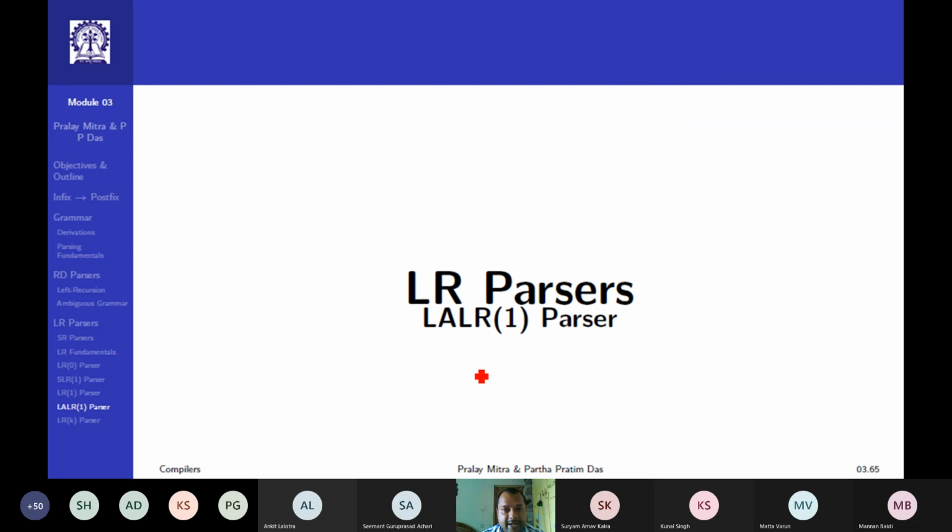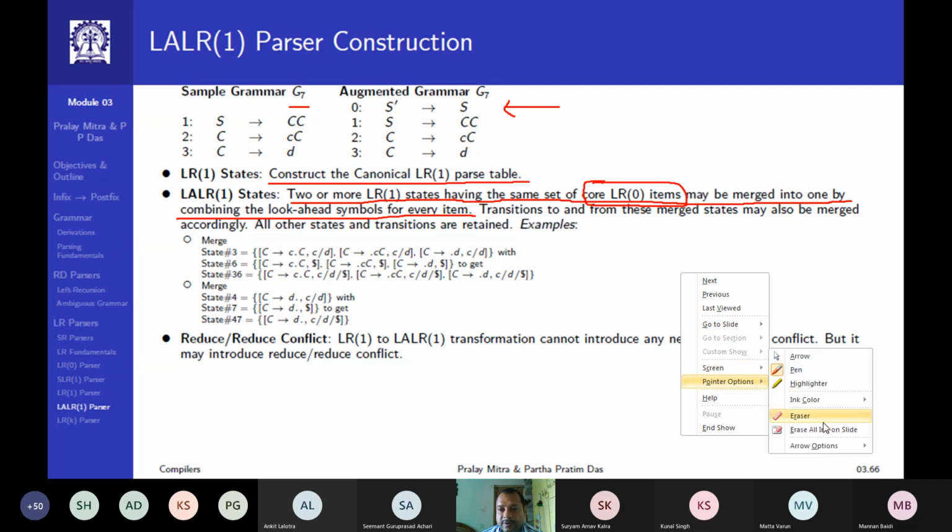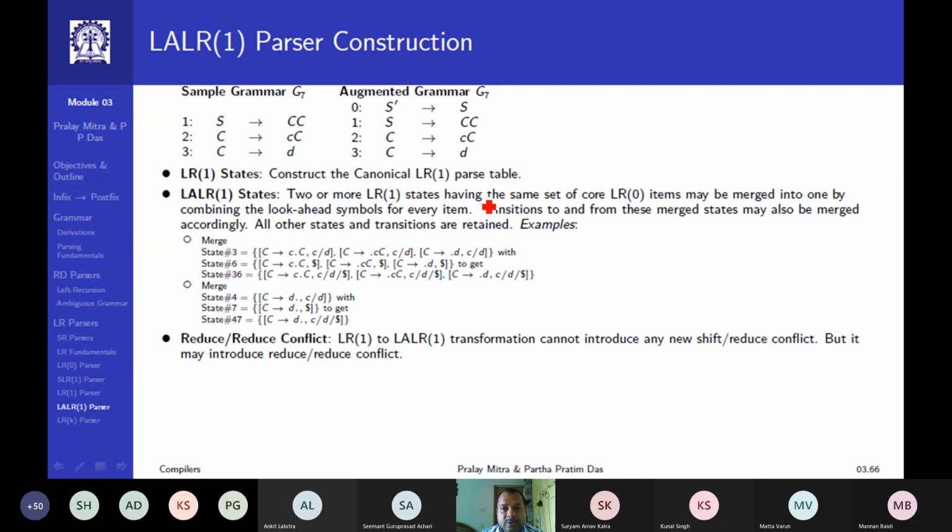Now I am going to the next slide. It says that core LR0 items are the same, having the same set of core LR0 items. If that is the situation and they differ only by the look ahead information, then you can merge those two states.